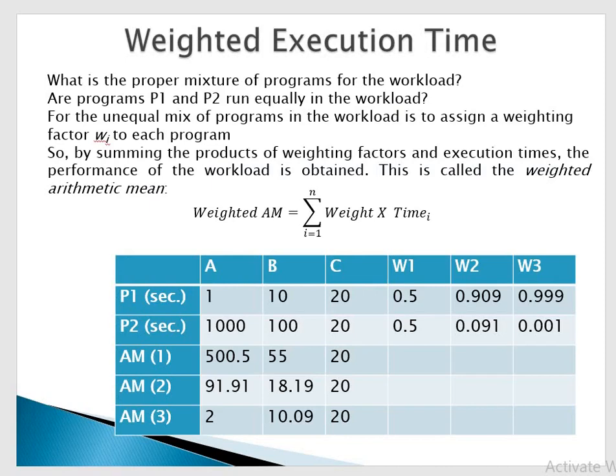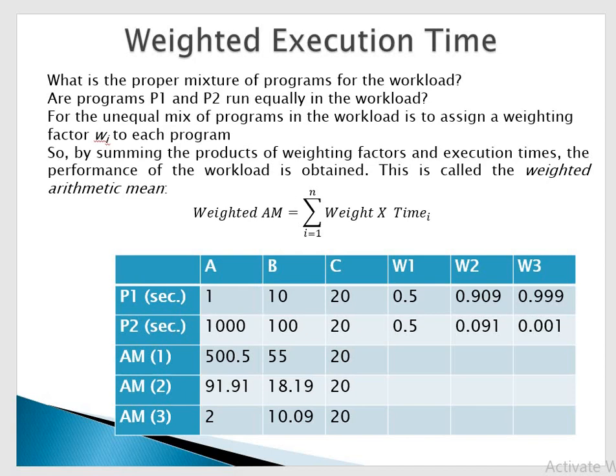So what is the weighted execution time? In this method, a weight is allotted to the execution time of each program for every machine. So what is the proper mixture of programs for the workload? In this method, we must understand the proper mixture of programs for the workload. Do programs P1 and P2 run equally in the workload?